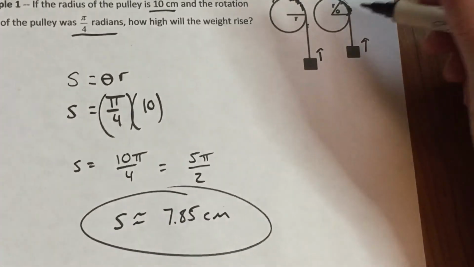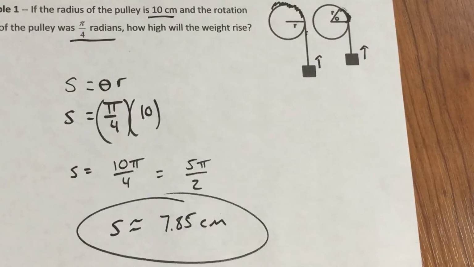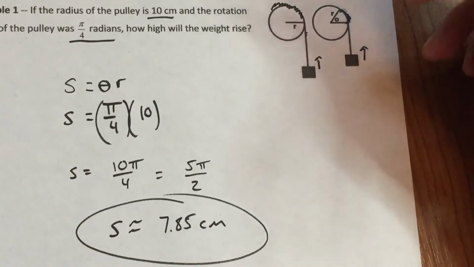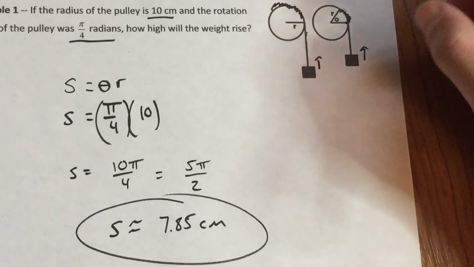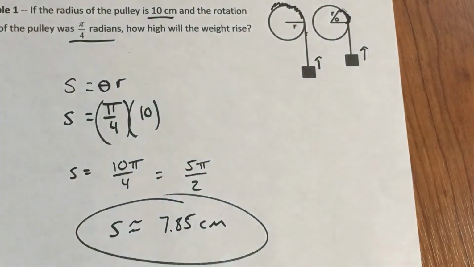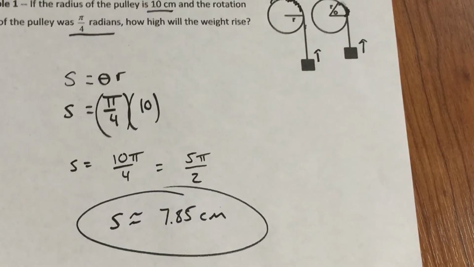Because if the arc length of this little section over here is 7.85 centimeters, that means 7.85 centimeters of the rope holding the weight will wrap itself around the gear. So the weight will have to rise the equivalent amount. So the height will rise 7.85 centimeters in this first example.